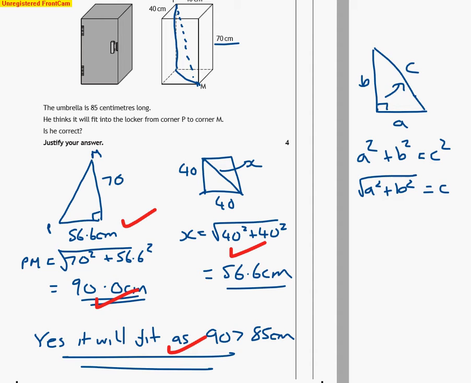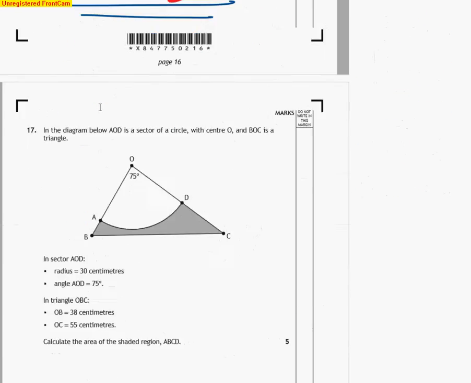But this was effectively just a Pythagoras question. Don't forget to put a good sentence in English. That's 25% of the marks, just saying yes, it will fit, as 90 is greater than 85. Some people would forget that. They would just work out 90 and call it a day. So just don't forget to double check the question and see what it says.